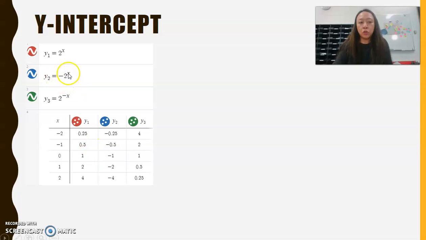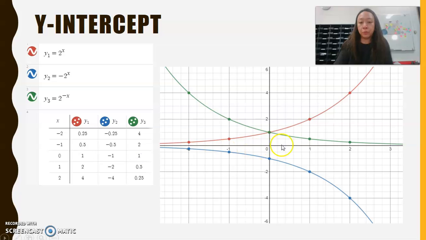For negative 2 power 0, we have to do 2 power 0 first, which returns 1, and then because of the negative sign, it has a value of negative 1. And 2 power negative 0 will also return 1. That's why the y-intercept for the first and the third equation is 1, but for the second equation, it is negative 1.